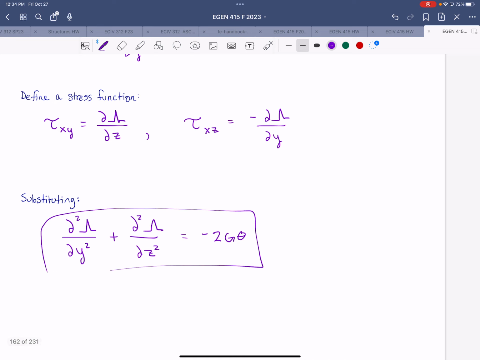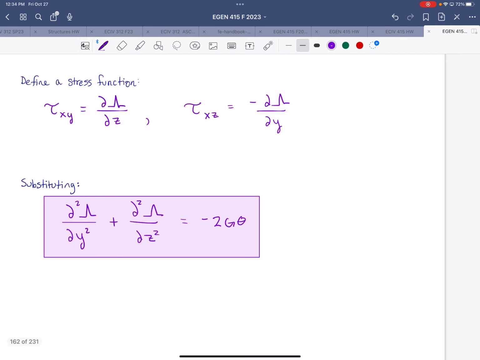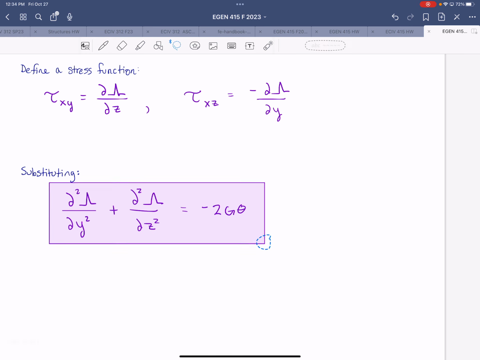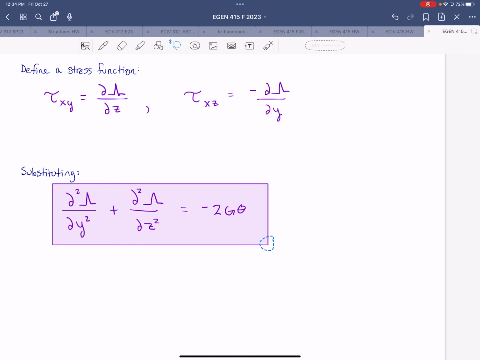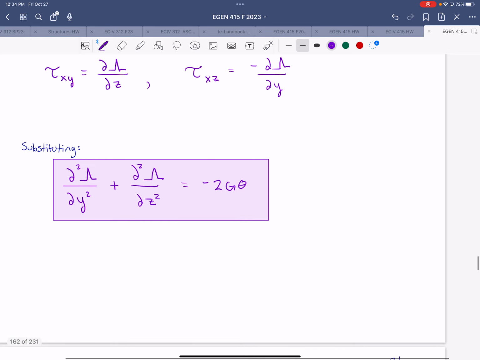So this right here is the general solution for non-circular shaft torsion. In order to solve problems, we would have to apply boundary conditions. And also, lambda is still just a big question mark right now. We haven't gone through the process of finding what that is. So that's going to be our next steps.